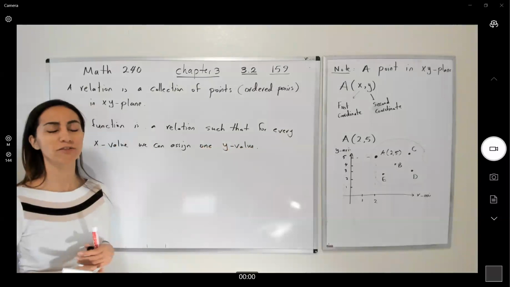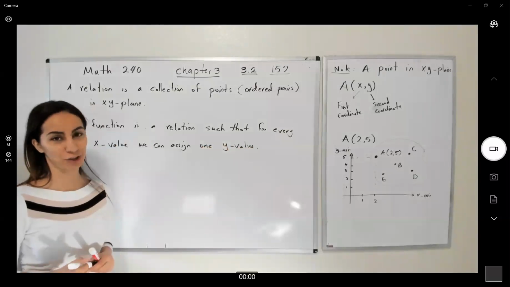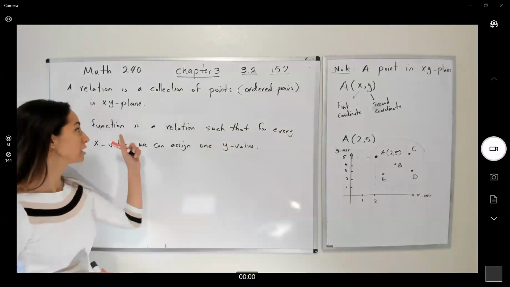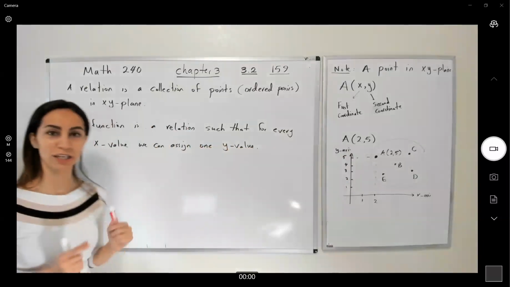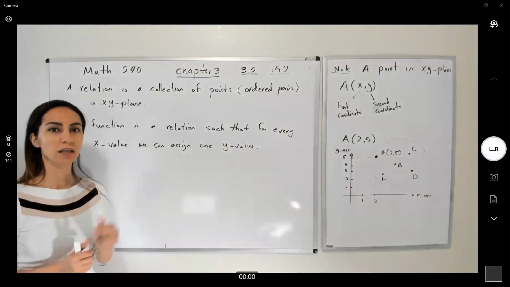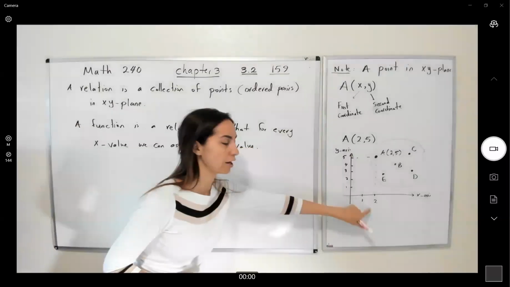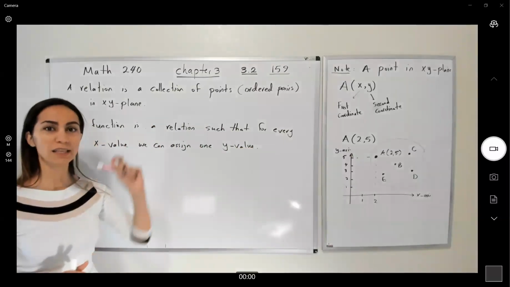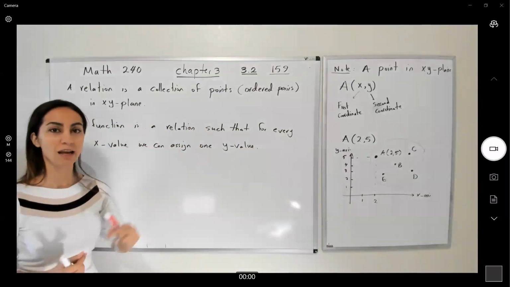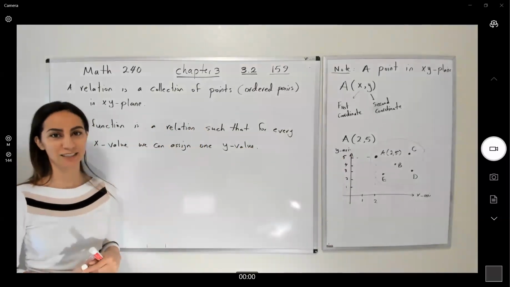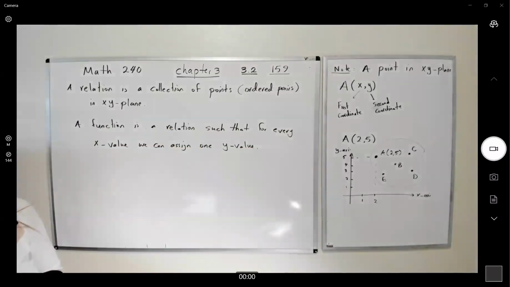That's the official definition of a function. So a function is nothing but a relation, a bunch of points in the xy plane, such that if you take any x on the x-axis, there is exactly one y value on the y-axis associated to that x.